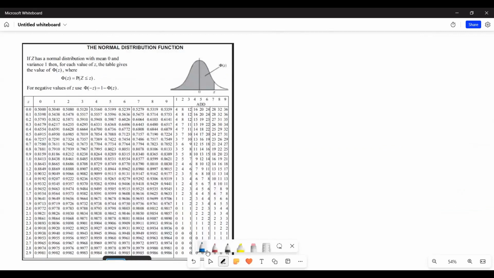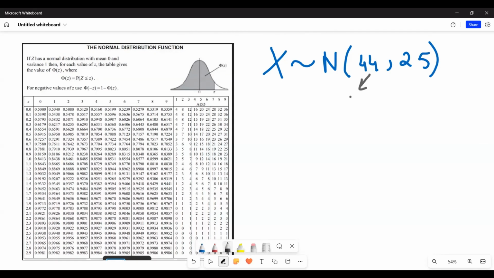So now there's a variable x, which is normally distributed, and the parameters given are 44 and 25. So we know that the parameters are, this is the mean and this is the variance, which is sigma square. So that means the standard deviation or the sigma is going to be square root of variance, which is 5.